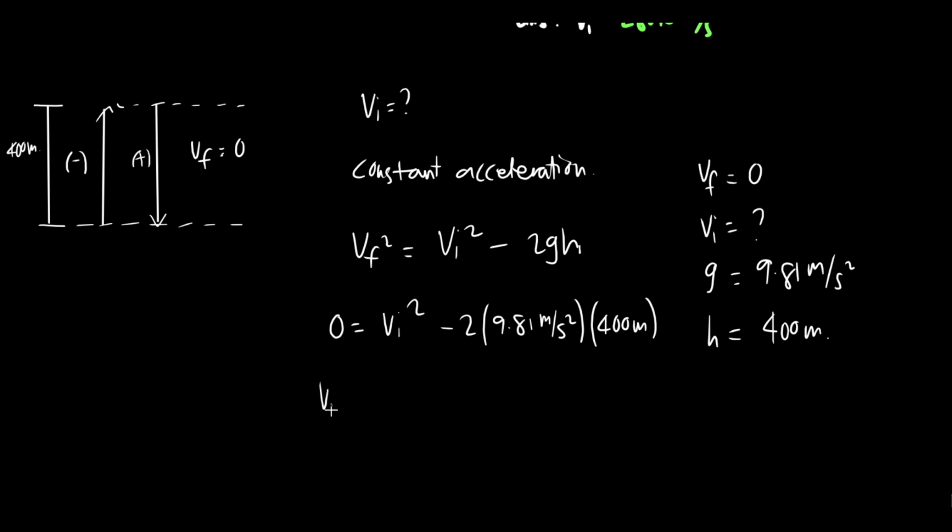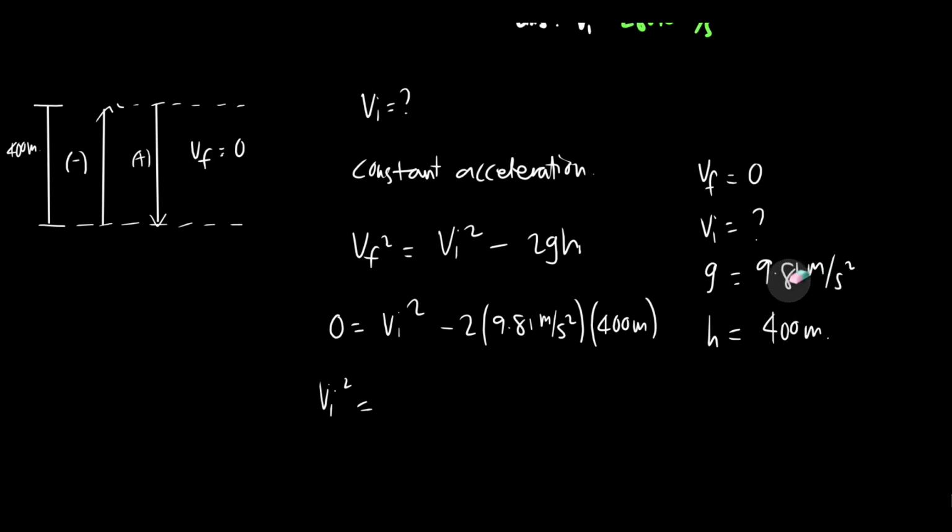So we have v initial squared is just equal to 9.81 times 2 times 400. The answer is 7848.